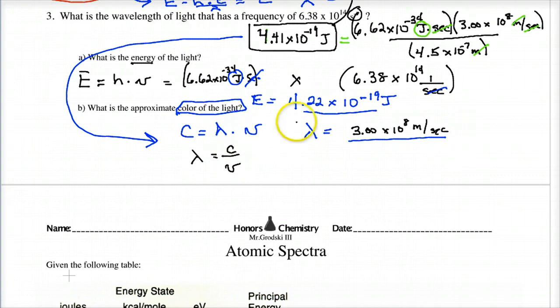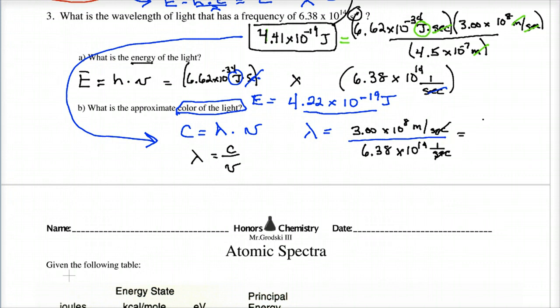And of course, my frequency that was given to me in the problem is 6.38 times 10 to the 14, 1 over a second. Okay, and you can see that the seconds will go by the wayside, and you're left with just meters, which makes sense. That's a distance.